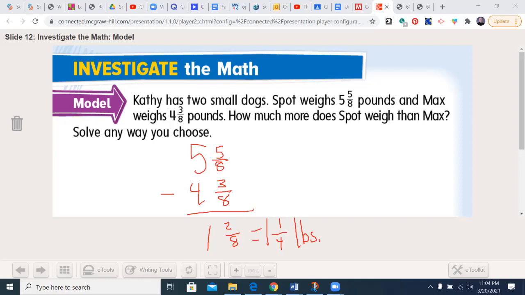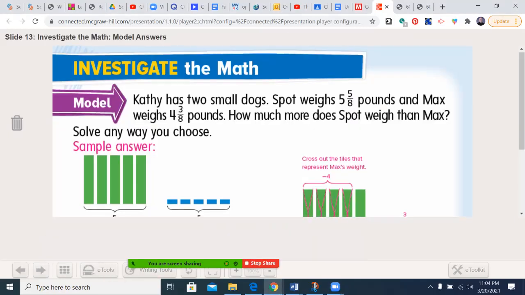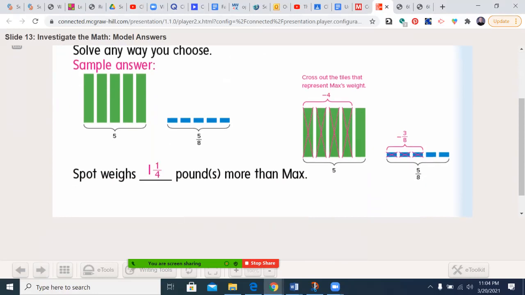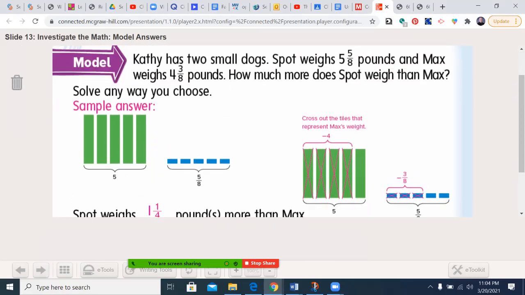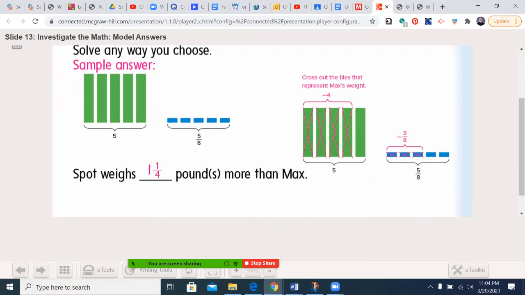I'll go ahead and clear it. Here's an example of the drawing here. You can see that they had the 5 and 5/8, and we removed 4 and 3/8.